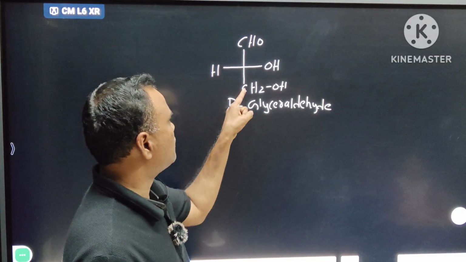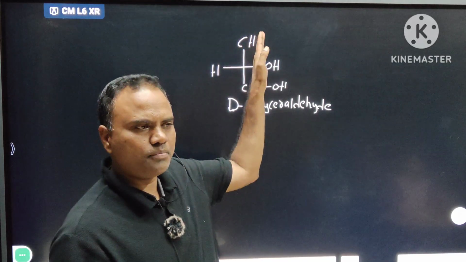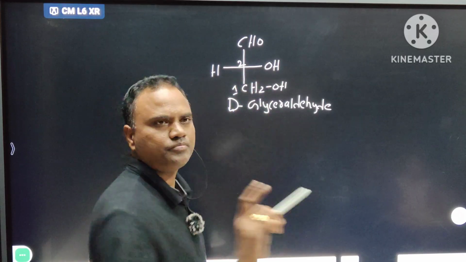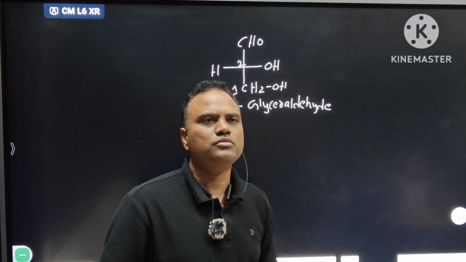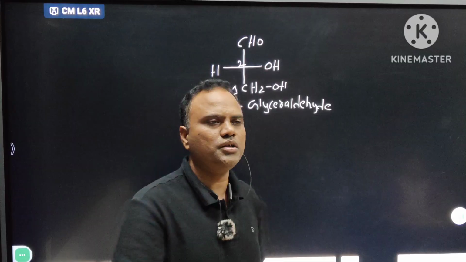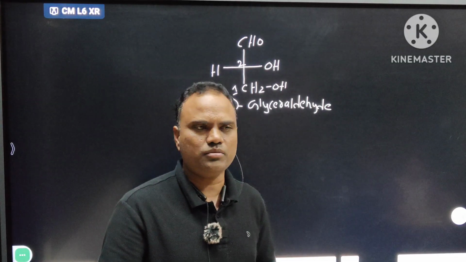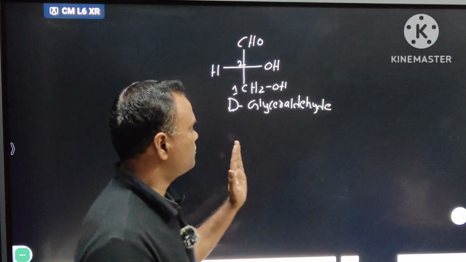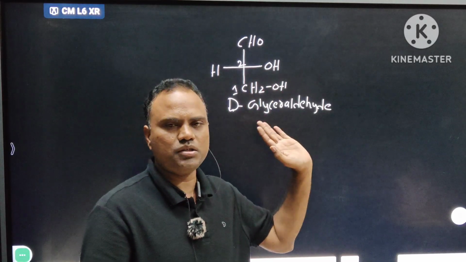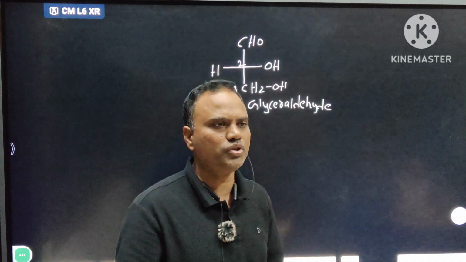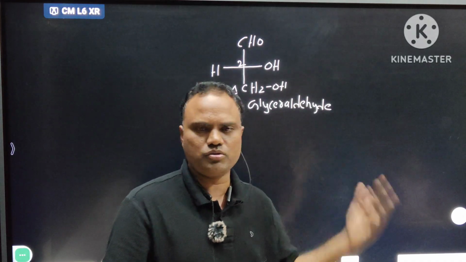Give numbering from bottom to top. 1, 2. At the second carbon, is the OH group present on the right or left? Then the compound is called the D isomer. Actually numbering should be top to bottom because aldehyde is high priority, but for DL we go from bottom to top.